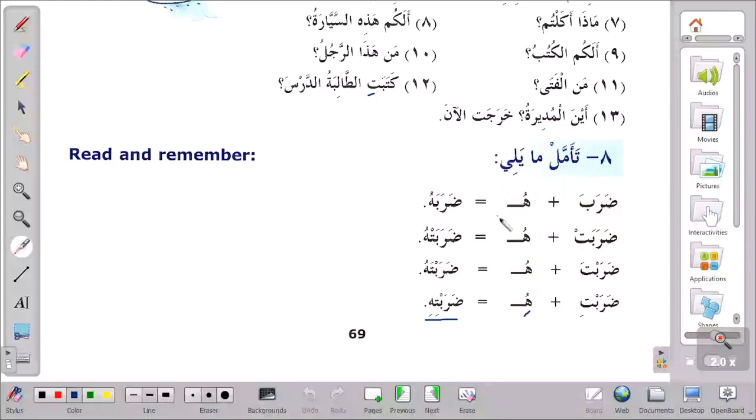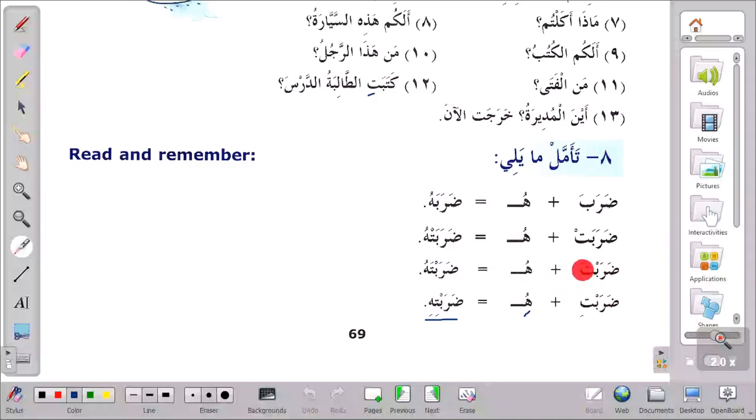But we said that when the verb is ending with kesra and you are attaching the pronoun to it, you have to change the dhamma to kesra. I hope you can see. So instead of saying darabtihu, you say darabtihi. Here it is just darabahu, darabathu, darabtahu.